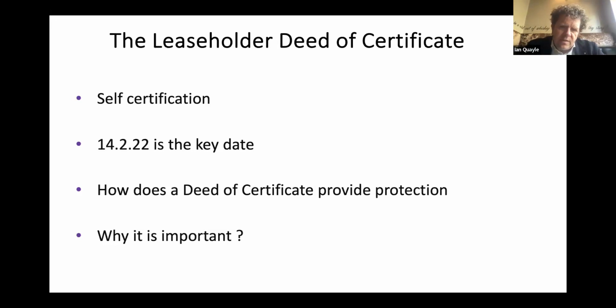A leaseholder deed of certificate is in essence self-certification with regard to ownership and with regard to meeting the criteria to be a qualifying lease. The leaseholder deed of certificate is not going to assist in connection with whether or not work that the landlord is doing is remediation work as defined under the Act or otherwise.